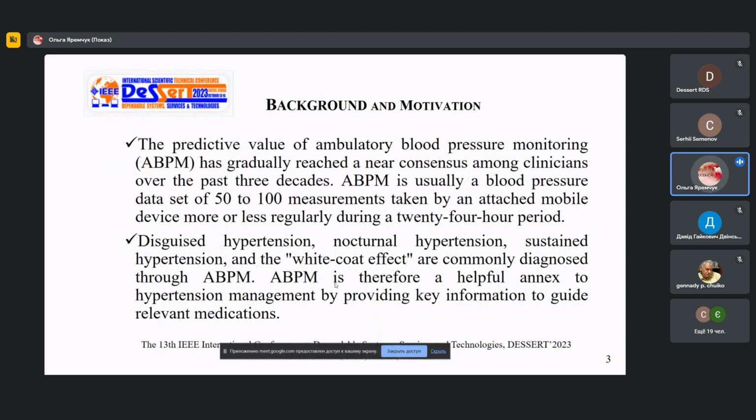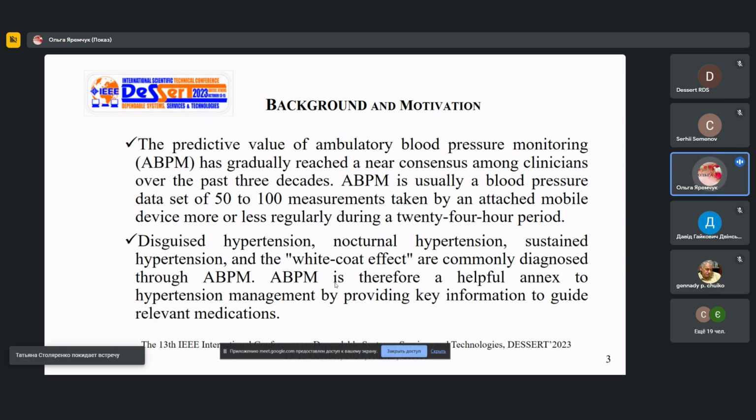So ambulatory blood pressure monitoring has gained widespread recognition among clinicians as an available tool for hypertension diagnosis and management over the past 3 decades. ABPM involves continuous blood pressure measurements over a 24-hour period using a portable device.